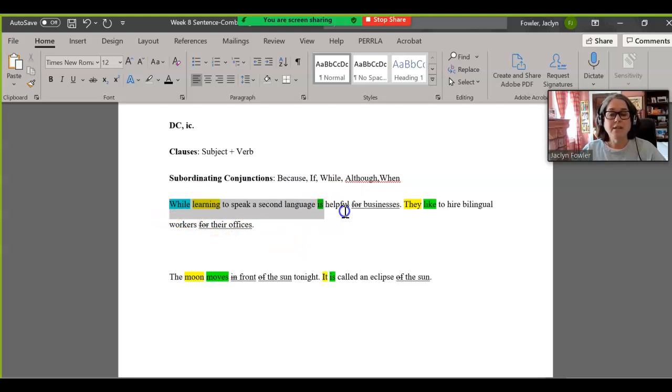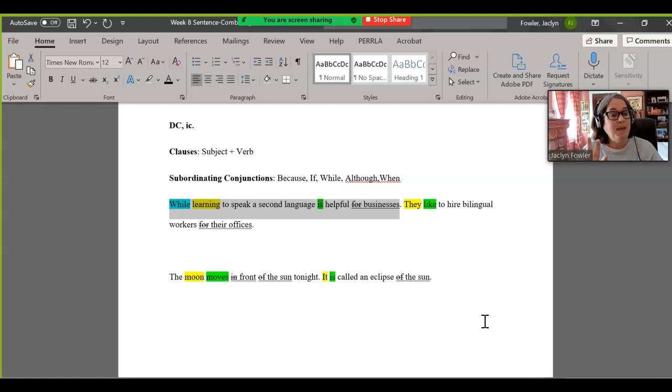And now when we read this, it used to be a sentence. It used to be an independent clause. But just by adding the subordinating conjunction to the beginning, it becomes dependent. So it's no longer a complete thought. So while learning to speak a second language is helpful for businesses, well, what? You need something to finish the thought.